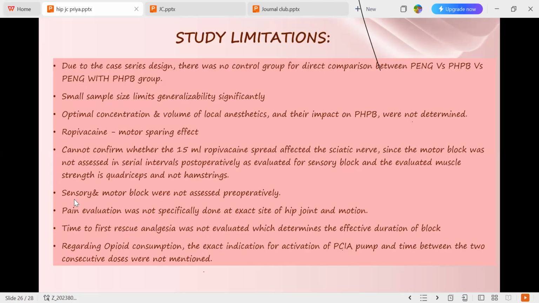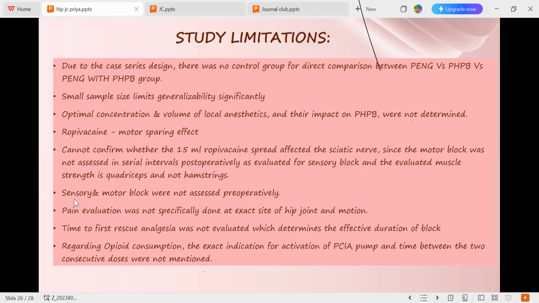And we also cannot confirm whether 15 ml ropivacaine affected the sciatic nerve, because in the study they have not assessed motor block at serial intervals as they assessed the NRS score. The NRS score was assessed at 3 hours, 6 hours, 12 hours, 24 hours, like that.